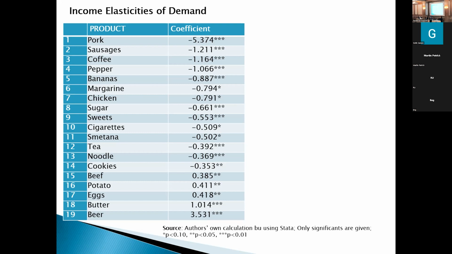I want to emphasize that the pork coefficient is the highest, and we need to consider it. And the sausages make sense, because they can also be considered an inferior good: when people have a higher income, they will switch to beef or lamb.